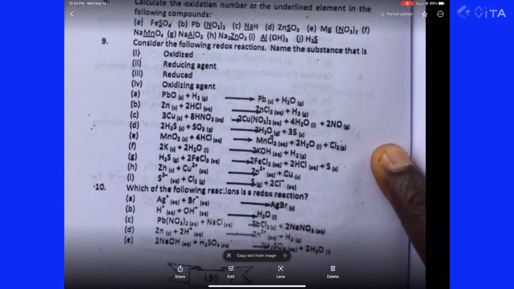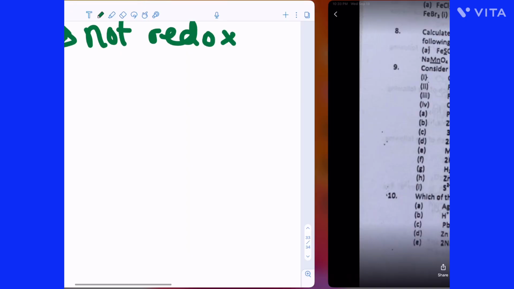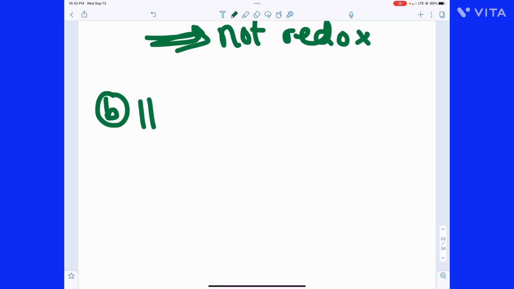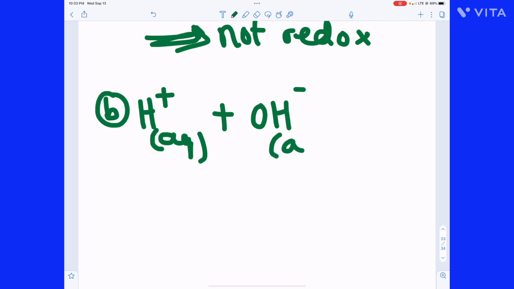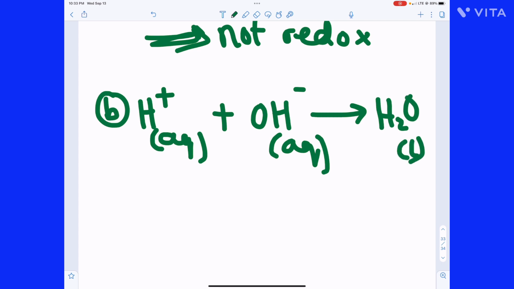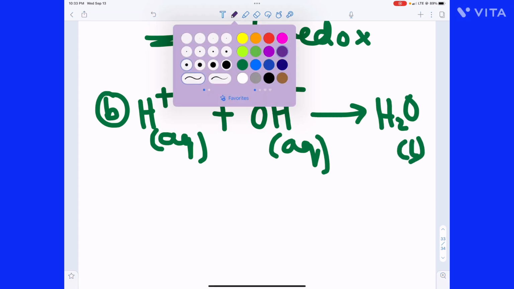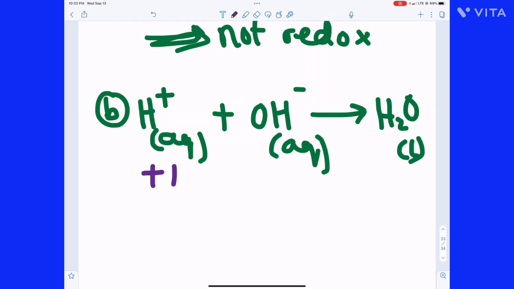In part B, okay, water formation. H+ plus OH- aqueous to give H2O liquid. Okay, hydrogen is +1 here.